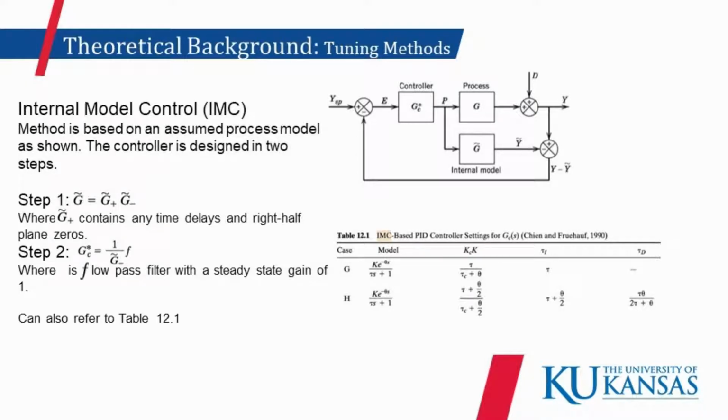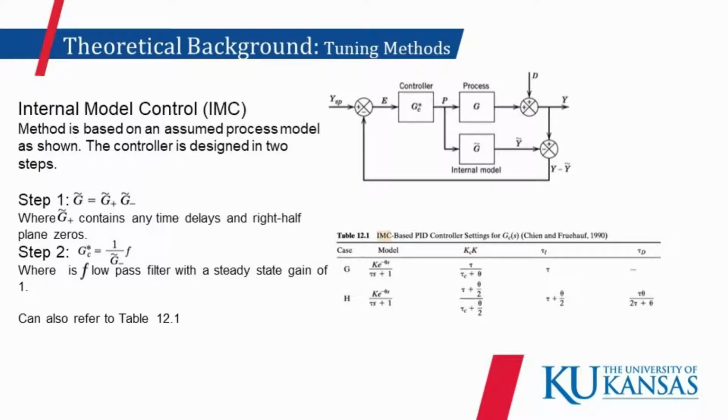As you can see from that table, we used cases G and H. G was used to determine the PI parameters, so a PI controller, or proportional and integral parameters. So we got controller gain, Kc, and integral time, tau I, from case G.